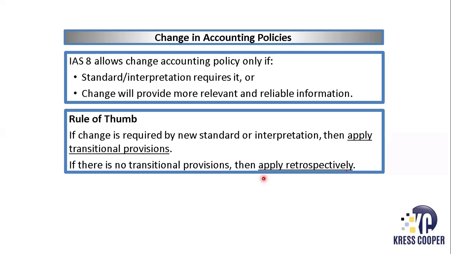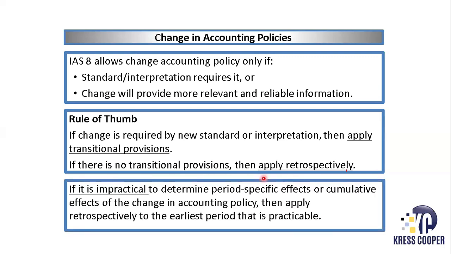So we will calculate its accounting impacts right from the beginning when the policy was first adopted, and from there onwards, when the policy is being changed, the accounting impact will be reflected in the opening balance of the retained earnings, and the relevant information would be amended accordingly.